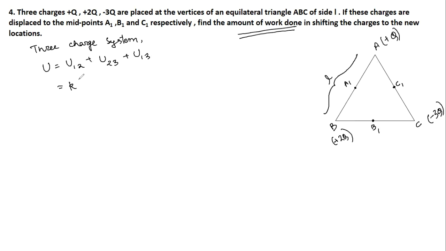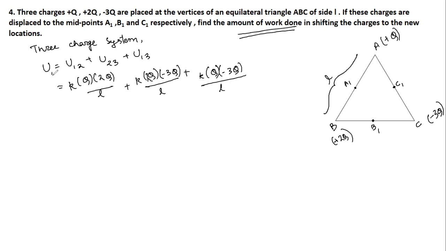So K times Q times 2Q by L. L is the side of this triangle. Again K times 2Q times minus 3Q divided by L, for BC, plus K times Q times minus 3Q divided by L, for AC.